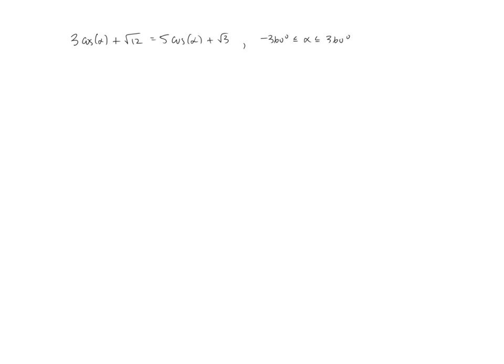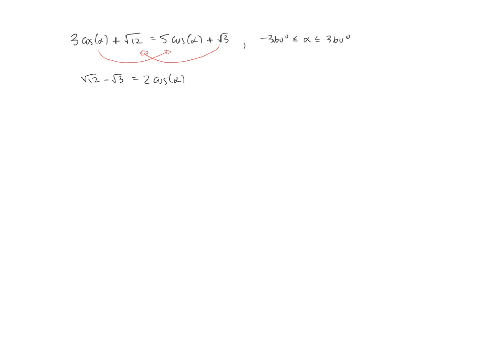Other than that, we'll approach it the same way, where we try to isolate one of our trig functions. So I'll move this guy over here and this guy over here. That gives us the square root of 12 minus the square root of 3 equals 2 cosine alpha.